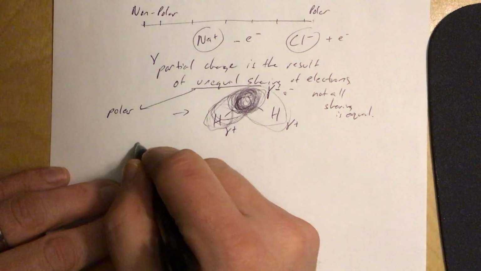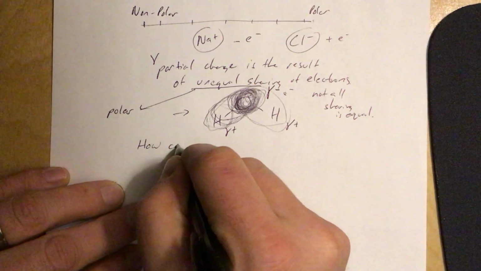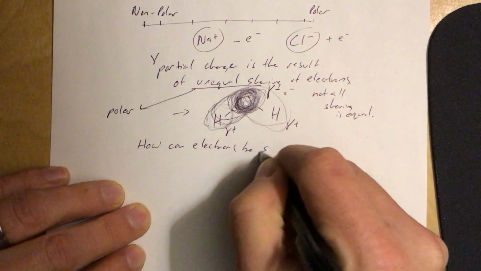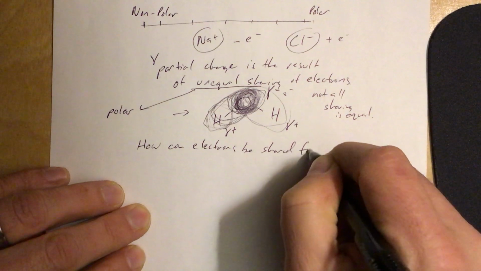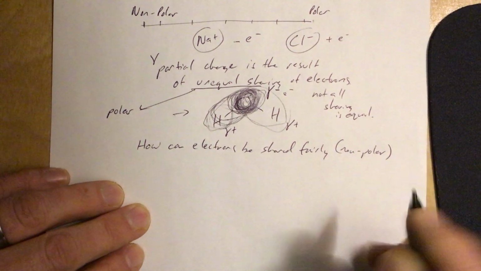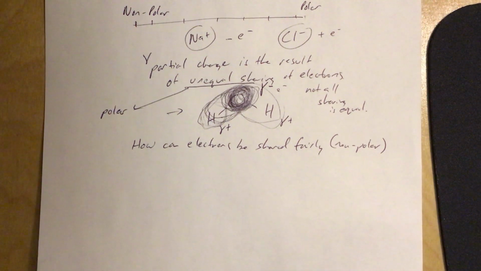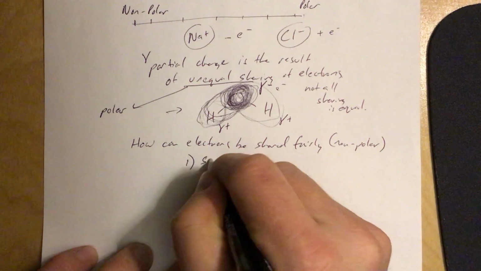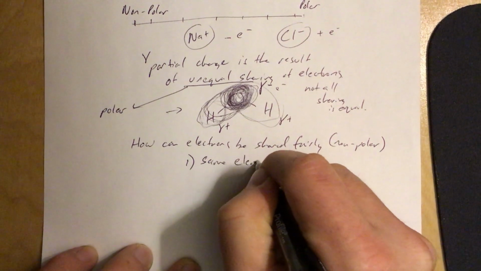So the question is, how can electrons be shared fairly, or nonpolar? Well, the only way you're going to get them to share it equally is one of two things. One, they're the same element.